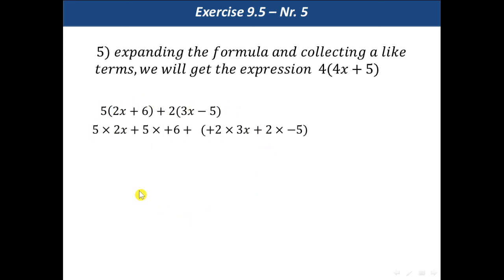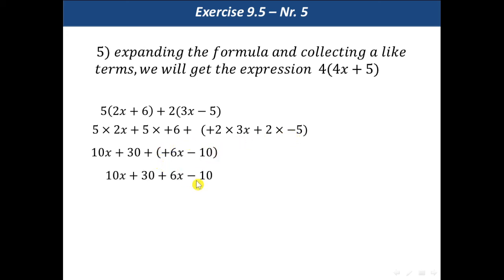How do I expand this? 5 times 2x, plus 5 times 6, plus 2 times 3x, plus 2 times minus 5. Okay, 5 times 2x is 10x, plus 5 times 6 is 30, plus 2 times 3x is 6x, plus 2 multiplied by minus 5 is minus 10.